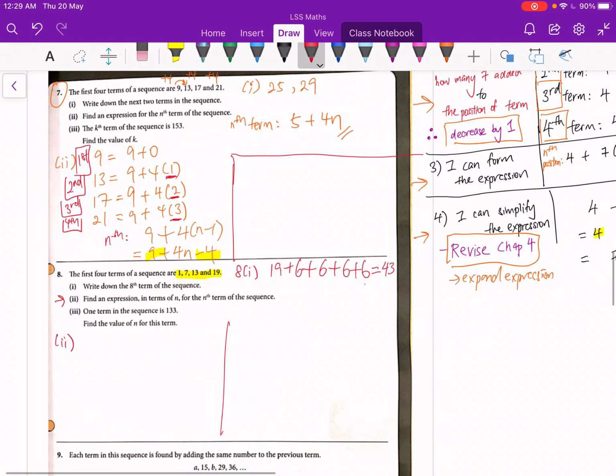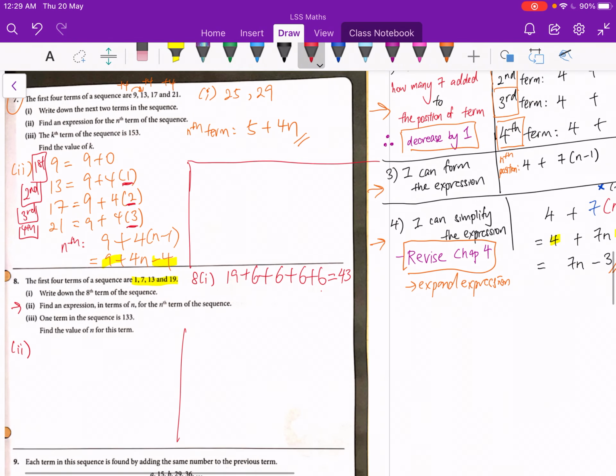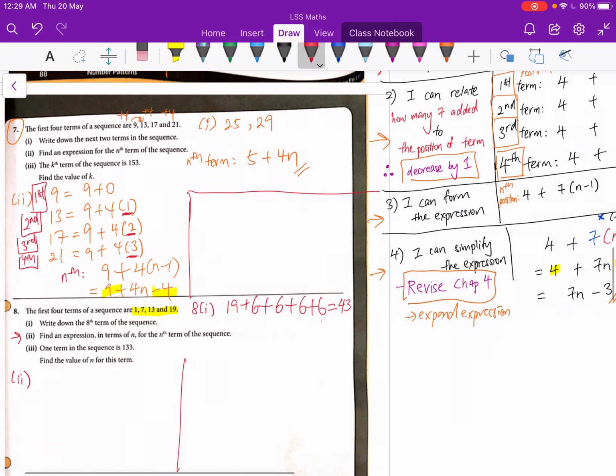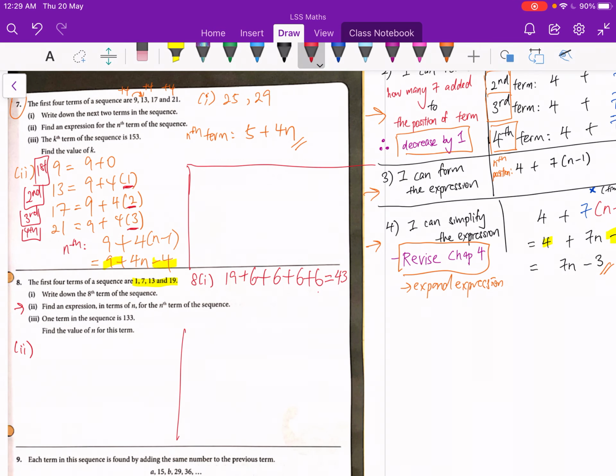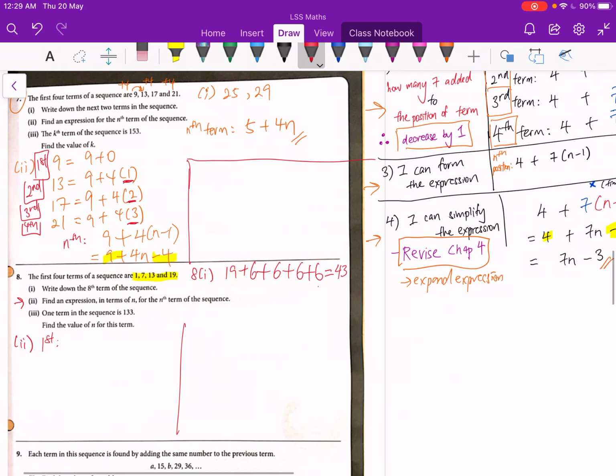Now in order to find the n-th term, I notice that the number of 6s added always decreases by 1. Are you able to see that? For the first one, to get 1, I add 0 sixes. It means there's no 6 added.